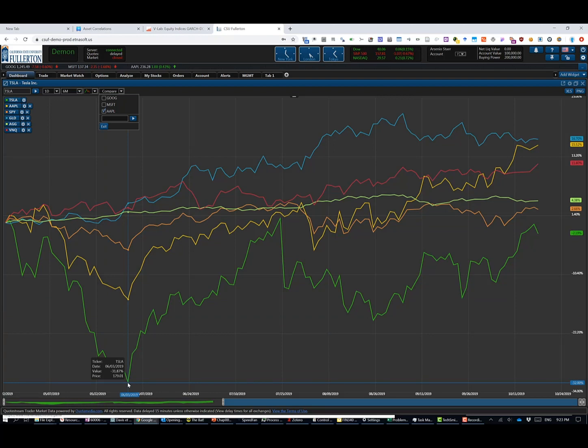In 1 month and 2 weeks, it's pretty much dropped 30%. Right here, minus 31% return. Look at what happened to Apple. Well, it also had a negative return, fell 15% from its original price in April. The index itself, SPY, the S&P 500 ETF, dropped just a much more conservative 5%.